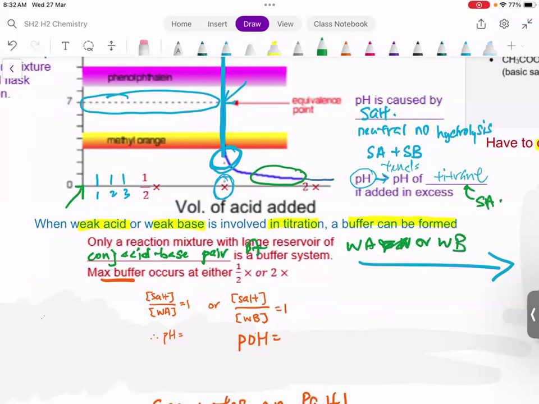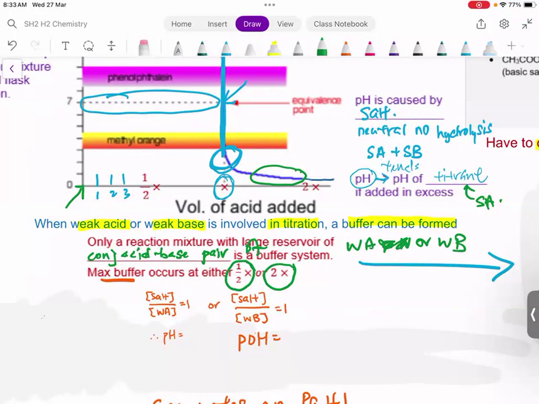Can you help me fill this in? It must have a conjugate acid-base pair of a weak acid or weak base present. And the max buffer can occur at either half the equivalence volume or twice the equivalence volume.